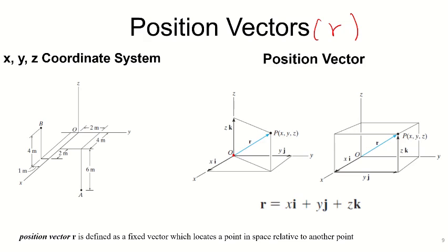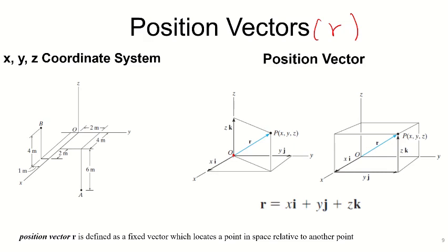So what does the position vector actually mean? Say you want to move to P starting from the origin. How can you approach point P?